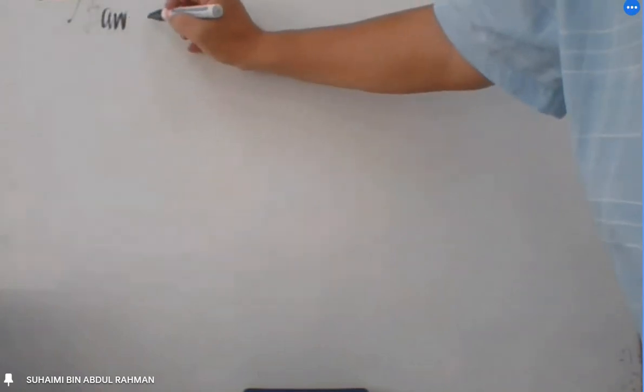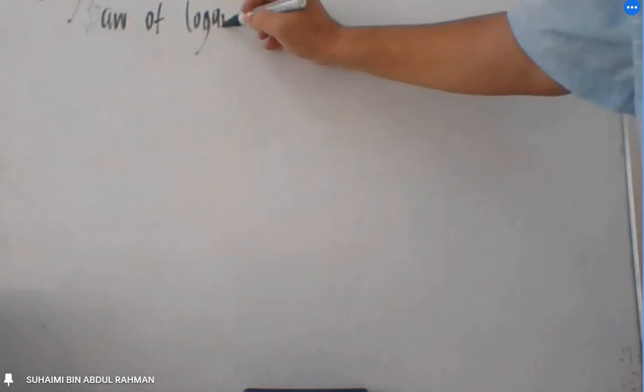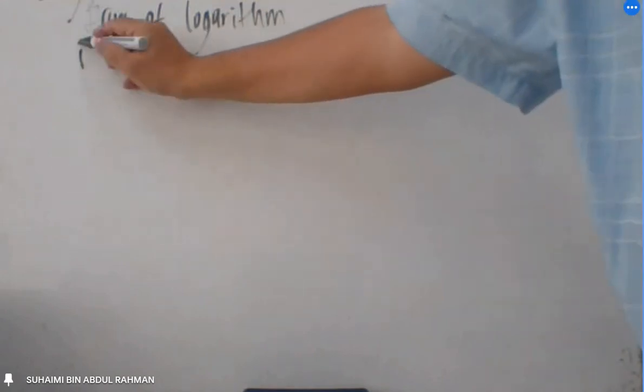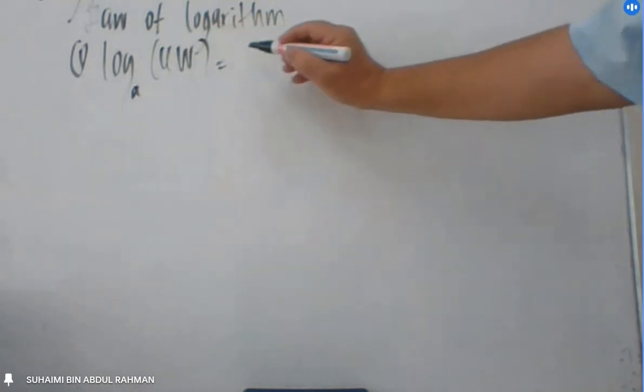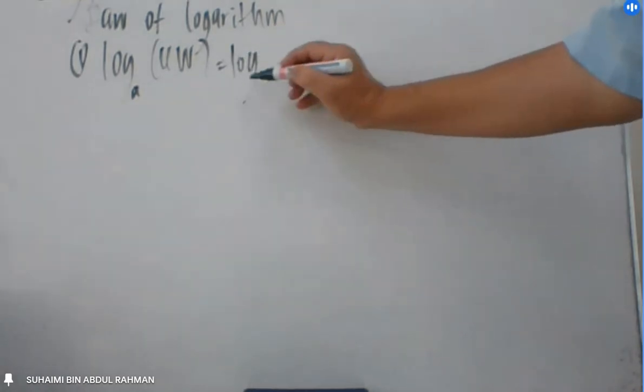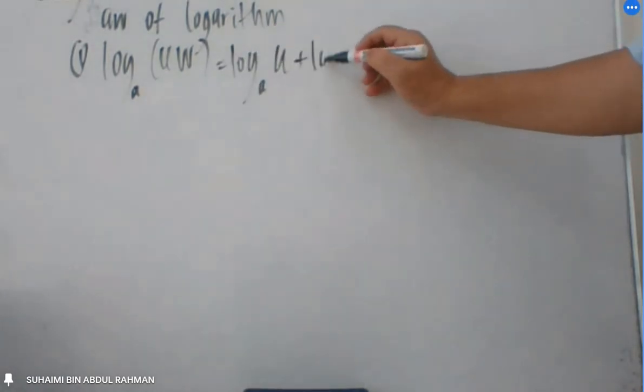Then we have what we call the laws of logarithms. The first law: log with base a of u times w is equal to log a u plus log a w.